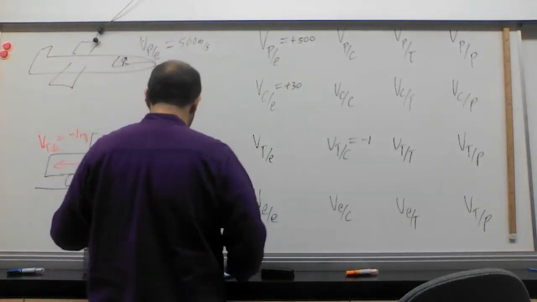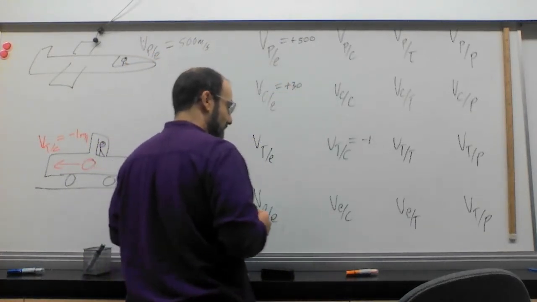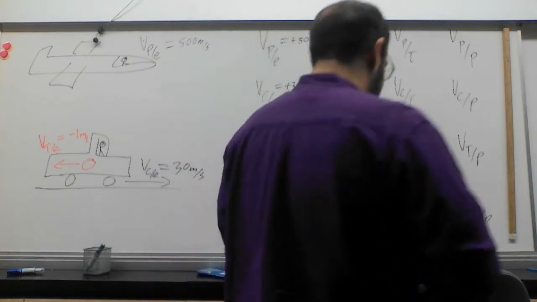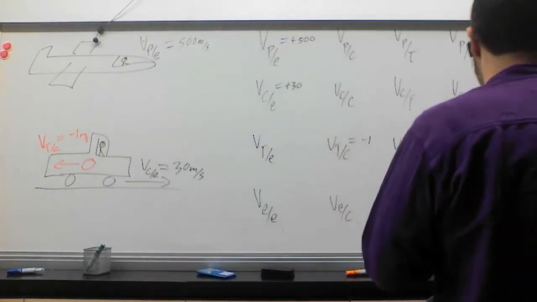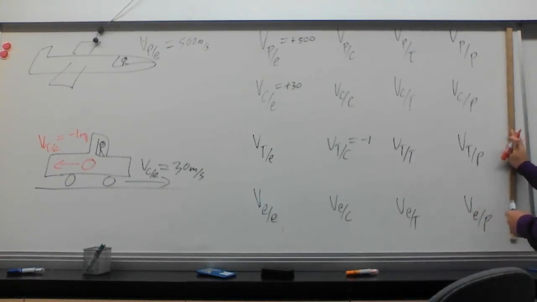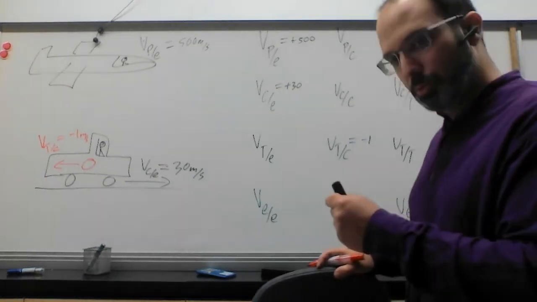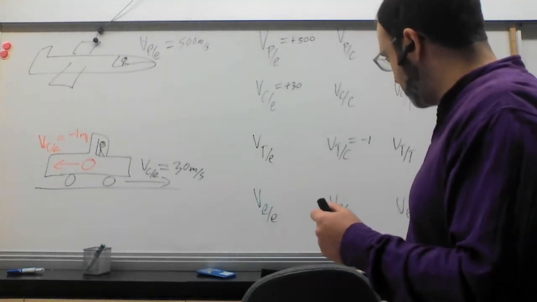So if this is plus 500, because it's the plane with respect to the Earth, then the Earth with respect to the plane will be negative 500, because when you're sitting in the plane, you will watch the ground go backwards away from you.